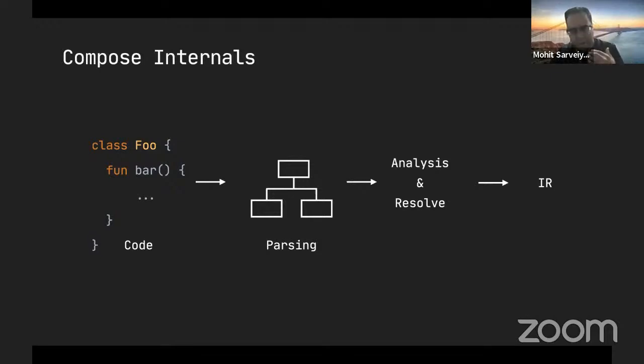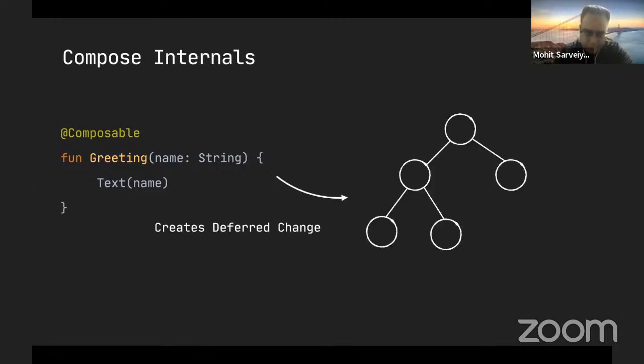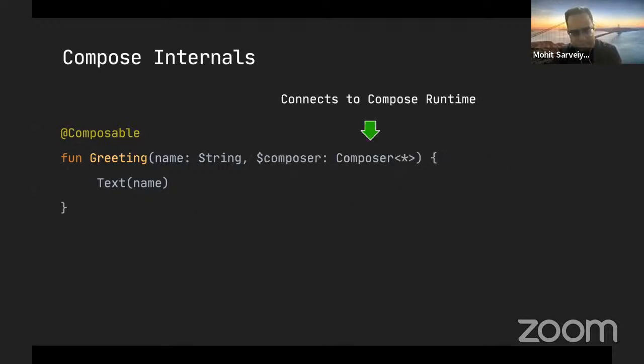And in the Compose compiler, when you look at the source code, you'll see that it has different things that are registered for these different phases. So when you create a Compose method, like here, I have a Greeting method, what it does is that it basically creates a tree. And a Compose method defines some change you want to make in this tree.